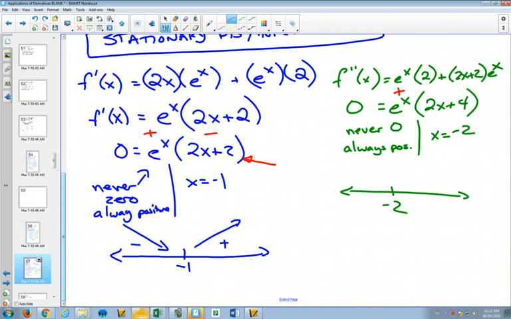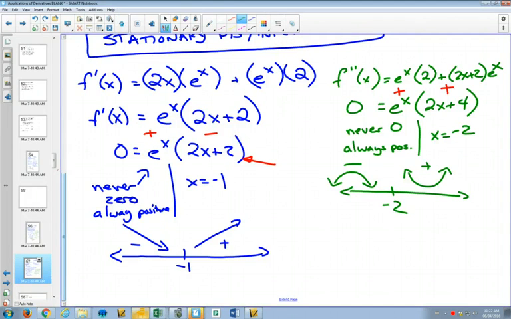So plug in a number less than -2, and this will be negative, meaning this section is concave down. Plug in a number bigger than -2, and this section will be positive, meaning this is concave up.